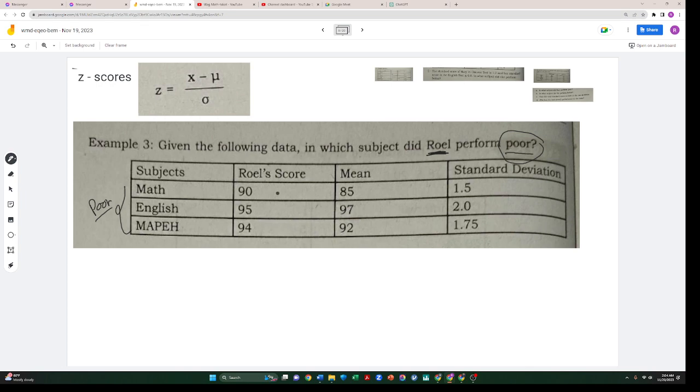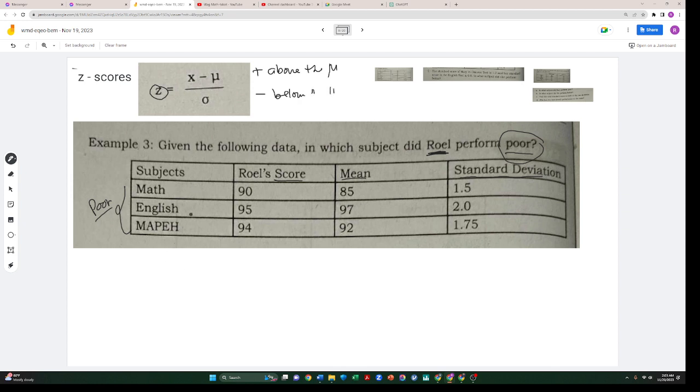But we know the scores of Roel and the mean and the standard deviation. So, ang pangitaon lang dahil nato si z-scores. Kung again, ang z-scores, kung positive, which means above the mean, right? Kung negative, below the mean.